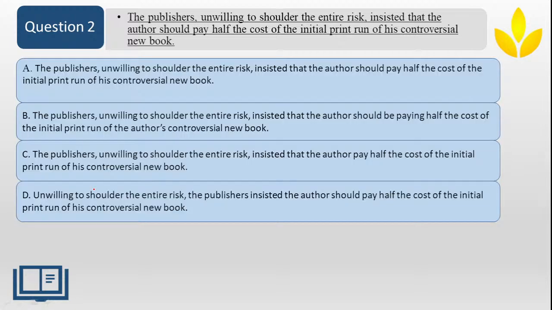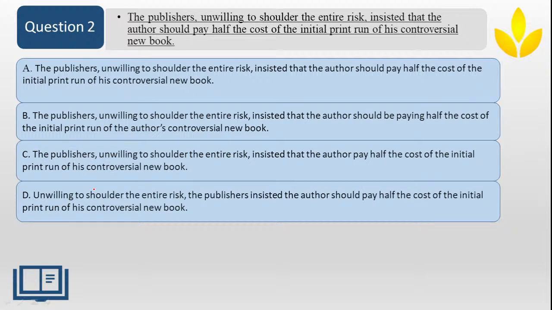So your options are: how can you rewrite the entire sentence? You can see the entire sentence is underlined. If you look at the options, A, B and C will look similar if you look at the starting line.